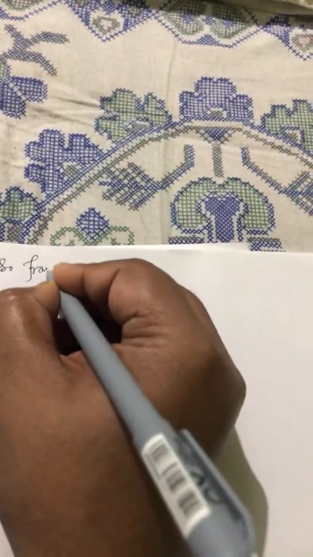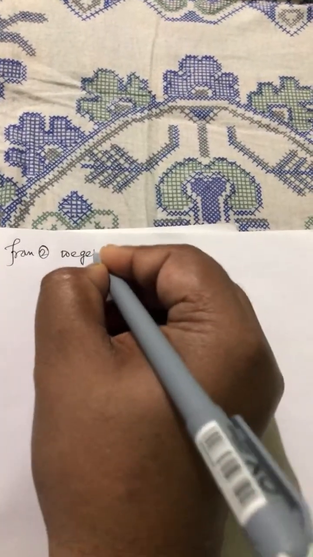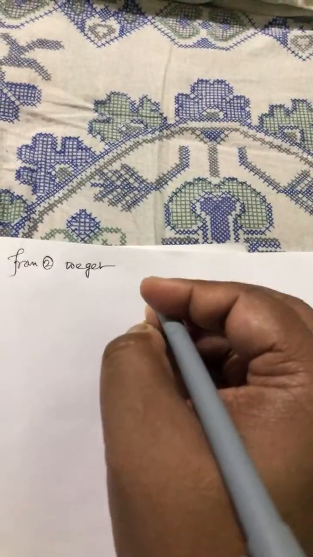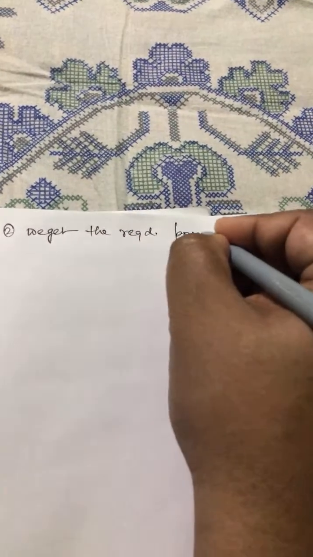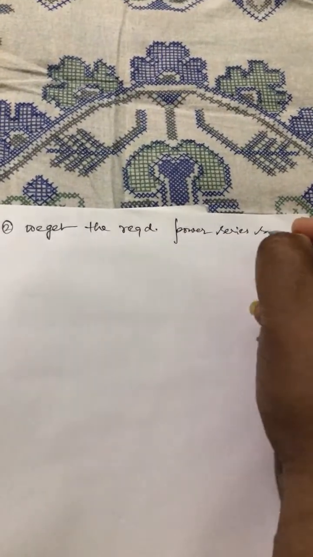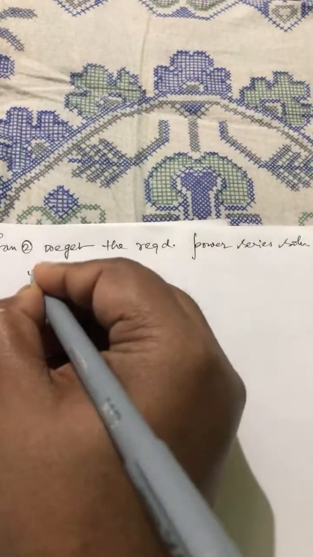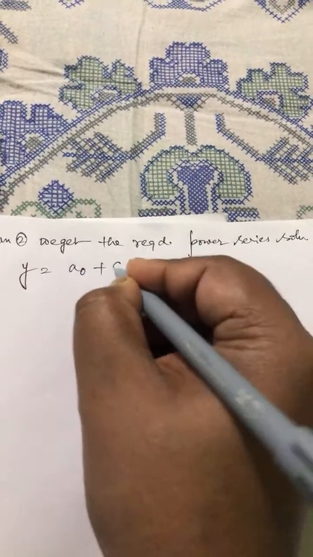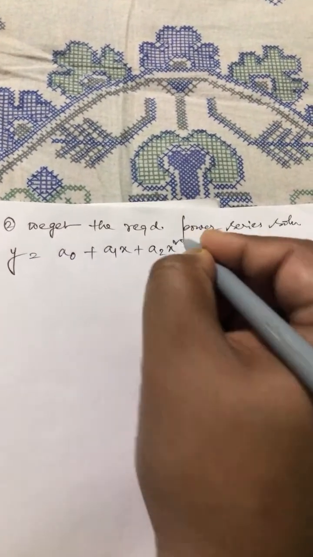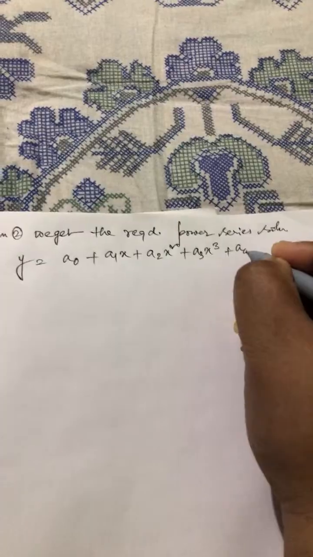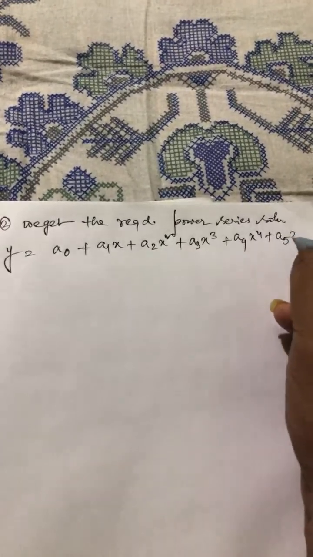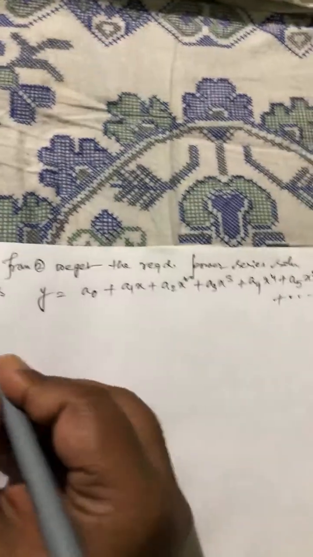So from equation 2 we get the required power series solution as y equals a naught plus a1x plus a2x square plus a3x cube plus a4x to the power 4 plus a5x to the power 5, and so on.